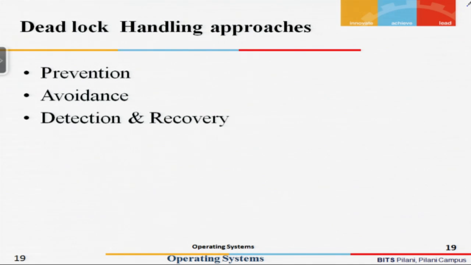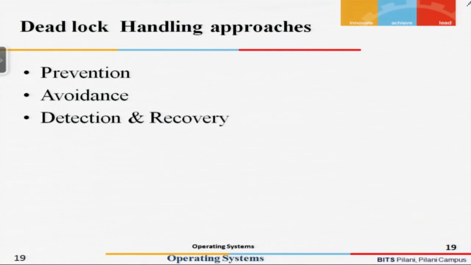Welcome to the second session on deadlocks. Till now, we have seen deadlock prevention. While talking about deadlock prevention, we talked about the conditions which are necessary for the occurrence of a deadlock. We saw that there are four conditions required for a deadlock to occur, and we looked at a prevention approach where we tried to see to it that one of those four conditions can be eliminated.